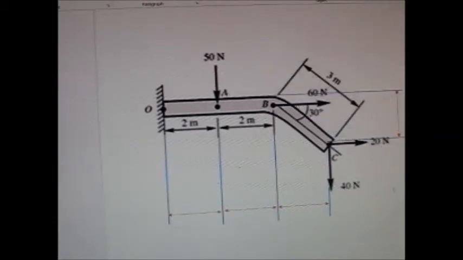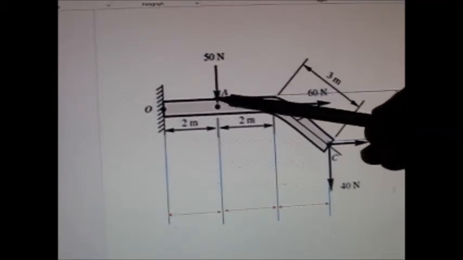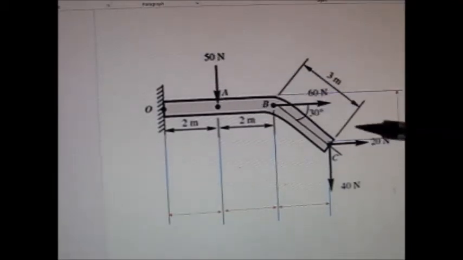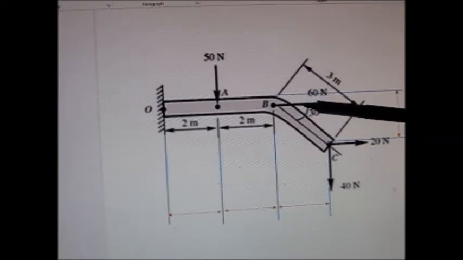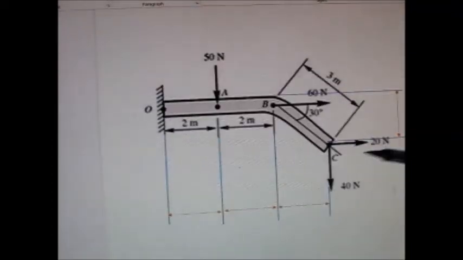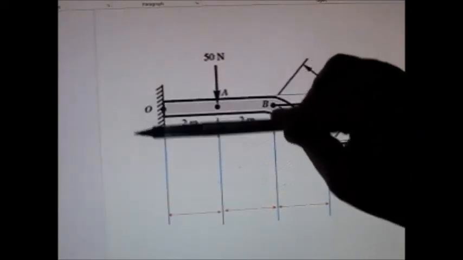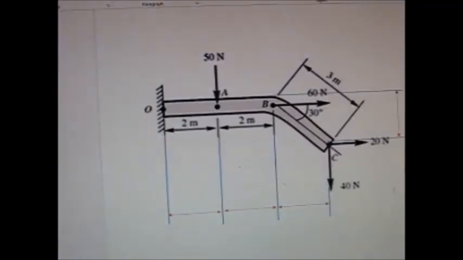For the point A, it is almost the same, but there is a difference. You see, the force 50 is at the point A, so the moment is 0. The force 60 does not give moment about point A, because point A is on the line of action of the force. So what is left? Only 40 and 20. The force 20 rotates counterclockwise, so positive, and the distance is the same, 1.5.